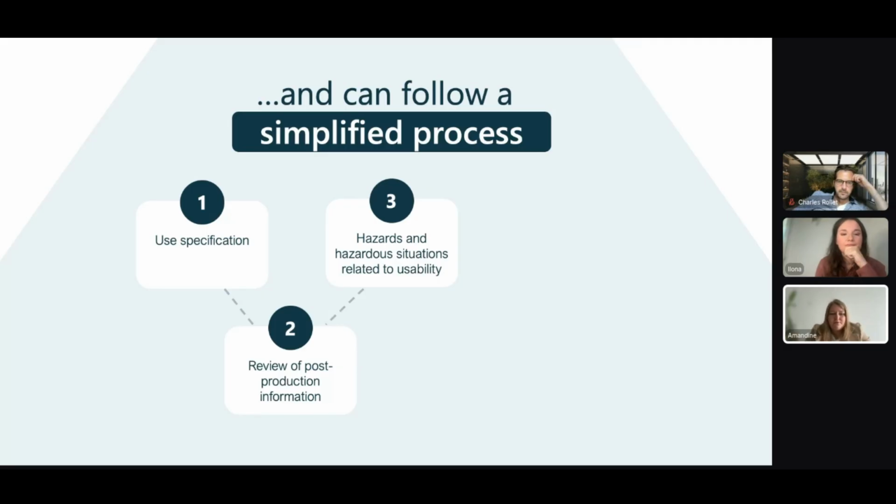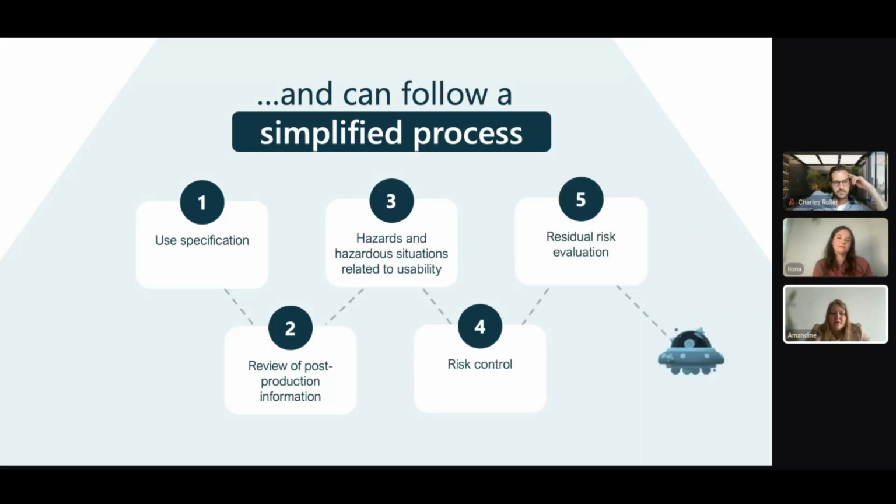And then you have to identify your hazards and hazardous situations that are related to usability in order to describe your risk control measures currently in place on your device. And then you will have to perform the residual risk evaluation to confirm if all your risks are acceptable or not, and if not, if you can do some modification or if nothing can be done.